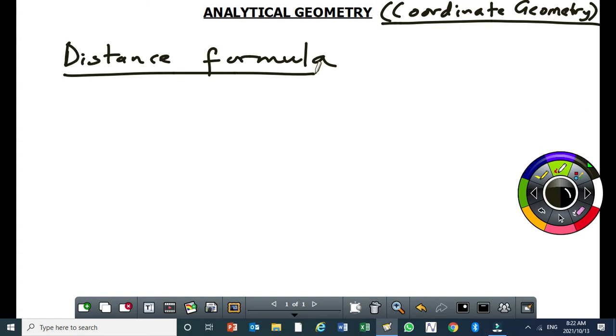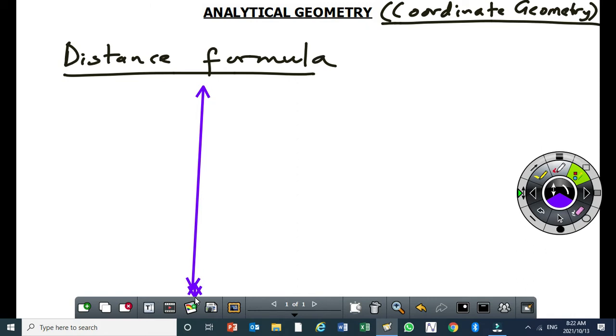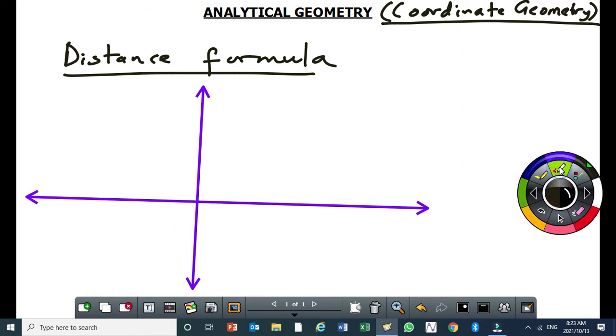Okay, so if I draw my Cartesian plane, okay, if I draw a straight line on this Cartesian plane, let me call it AB.